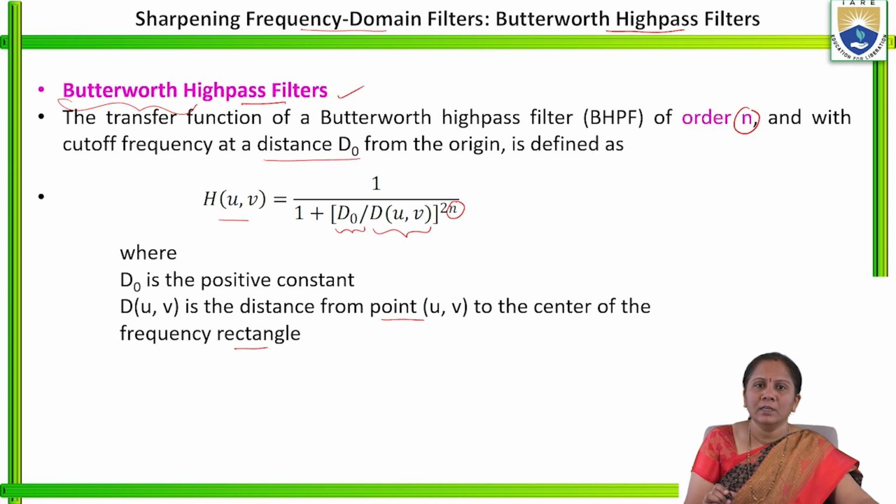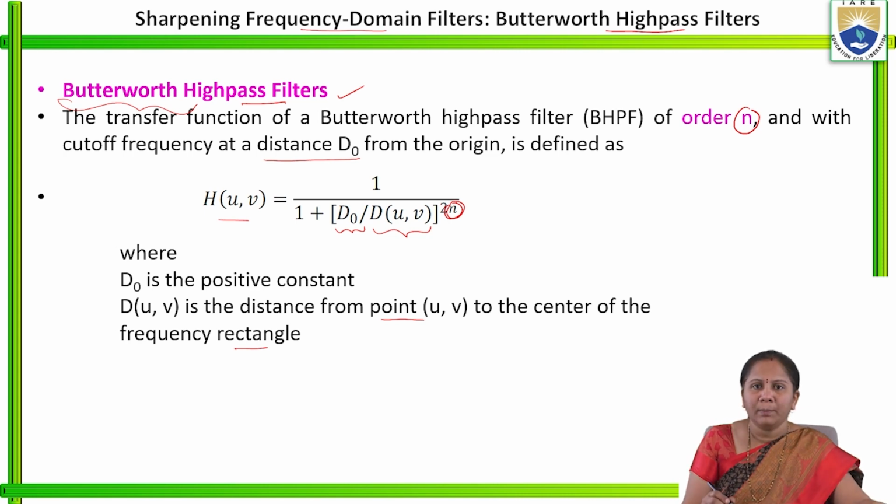That means the order of the filter may be lower order or higher order. Based on the order of the filter, the transition of this high pass filter will tend towards the ideal high pass filter or towards the Gaussian high pass filter. It is dependent on the order of the filter n.